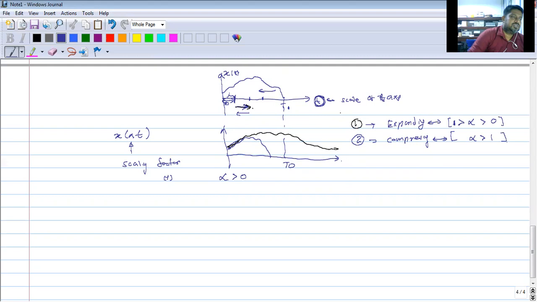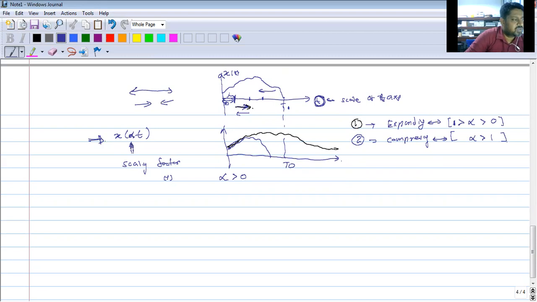So here also we have time scaling. In time scaling we are going to expand or shrink the signal. We normally represent it mathematically as x(alpha t), and this alpha is called the scaling factor.